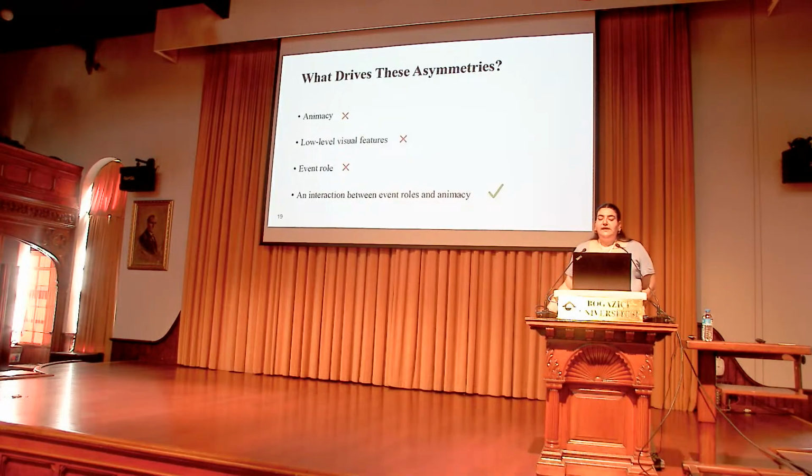So we can say that event roles must be involved in this prominence somehow. However, as you can tell, there was a difference in accuracy between agents and inanimate patients only, and not animate patients. So we believe that an interaction between event roles and animacy shapes attentional priorities in this case.